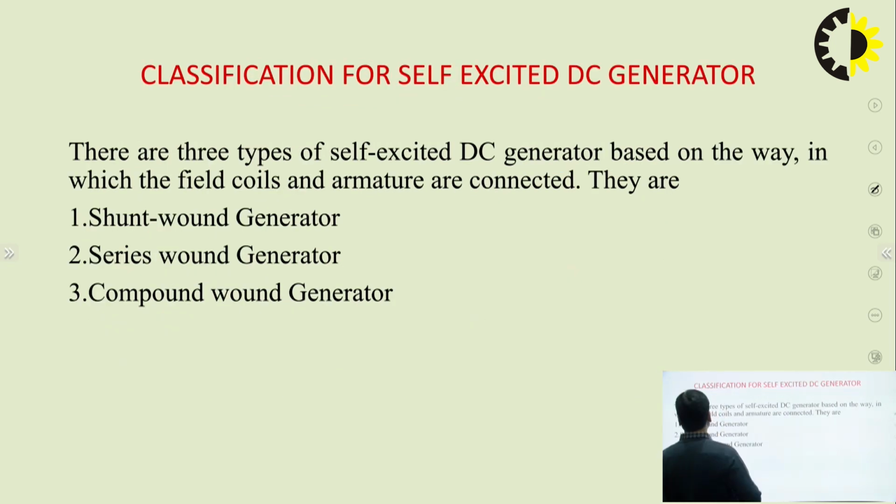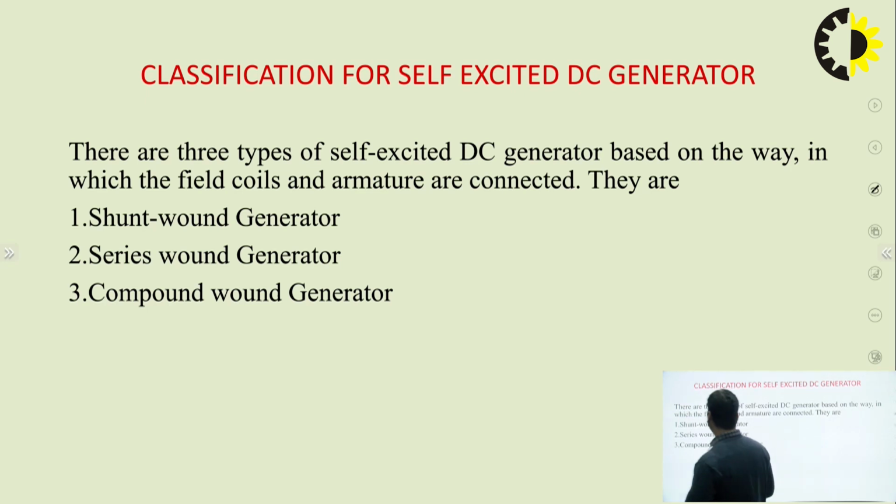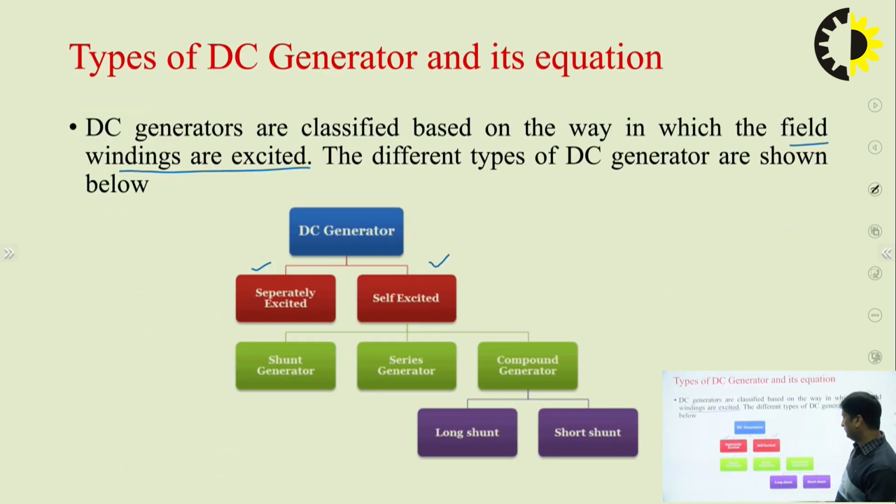If we talk about the classification of the self-excited DC generator, we have three types: first is shunt wound, then series wound, and then compound wound, as we discussed earlier. It basically depends upon how the field winding is connected.